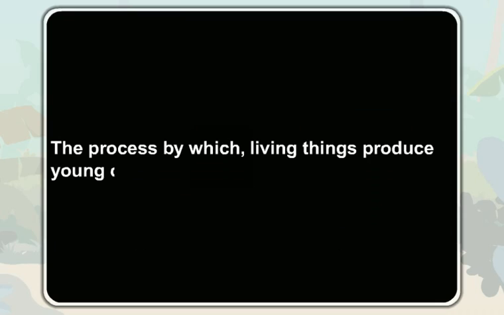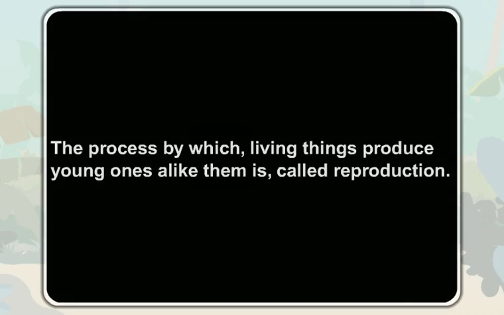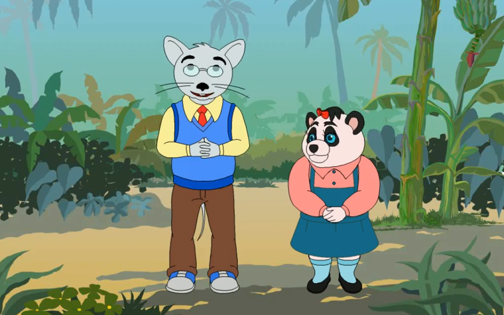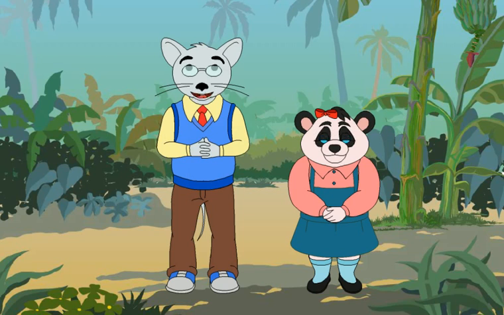The process by which living things produce young ones like them is called reproduction. Different living things reproduce in different ways. Now let us discuss the various ways in which living things reproduce.